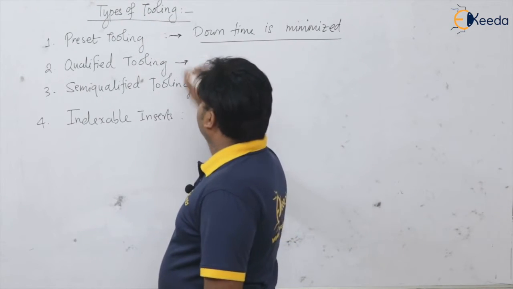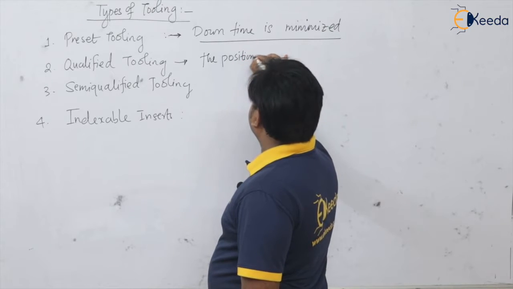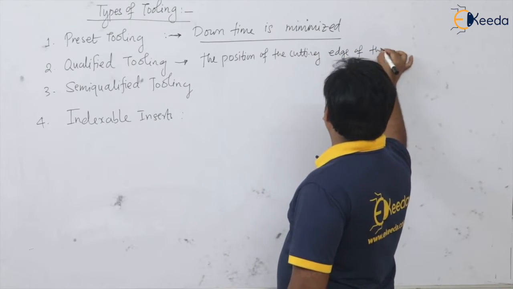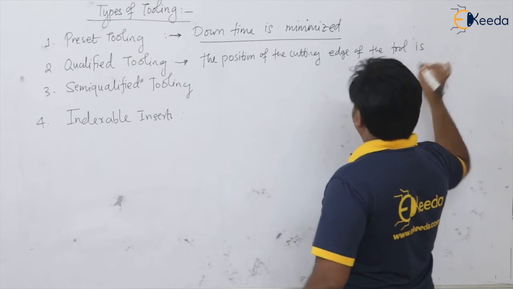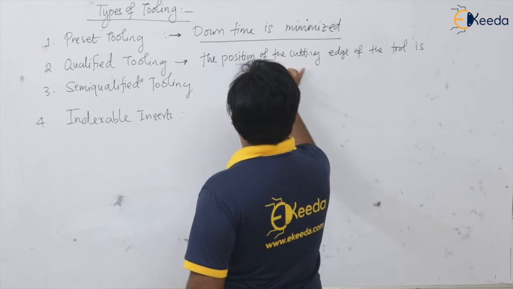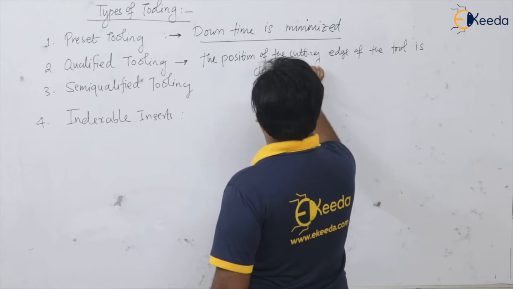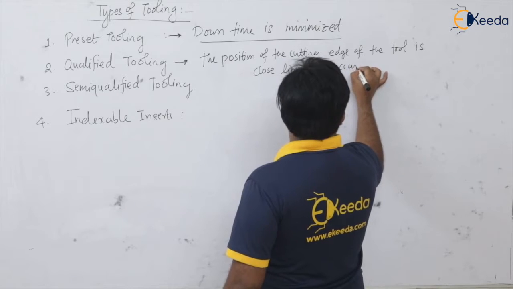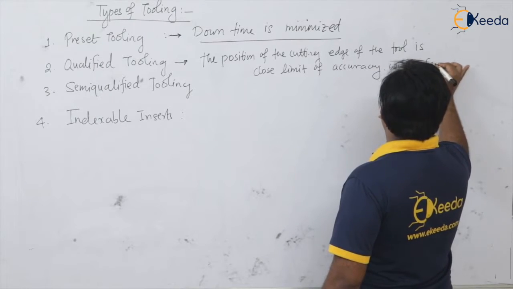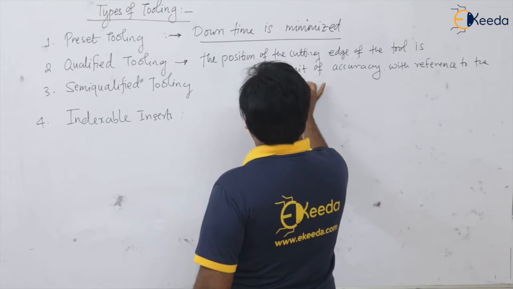Next we have the qualified tooling. See here, the position of the cutting edge of the tool is within close limits of accuracy, with reference to the datum of the tool holder.